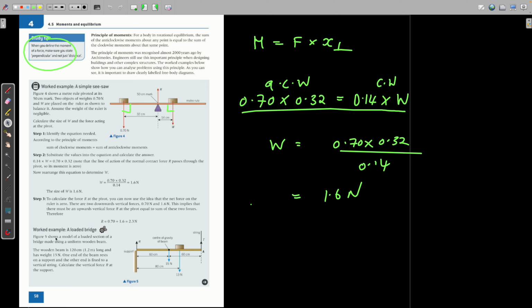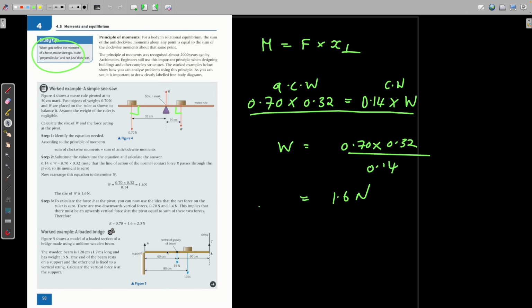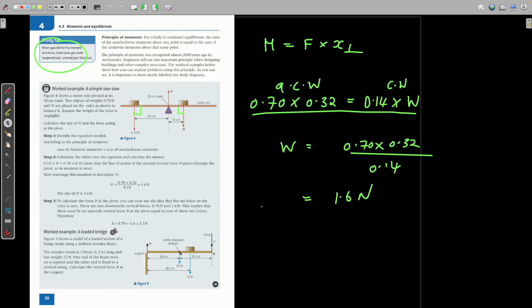Figure 5 shows a model of a loaded section of a bridge made using a uniform wooden beam. That's here. If it's a uniform beam, then all the weight acts at the center of gravity. Wherever the center is, that's where the weight is going to be acting. The wooden beam measures 120 centimeters and has a weight of 15 newtons.